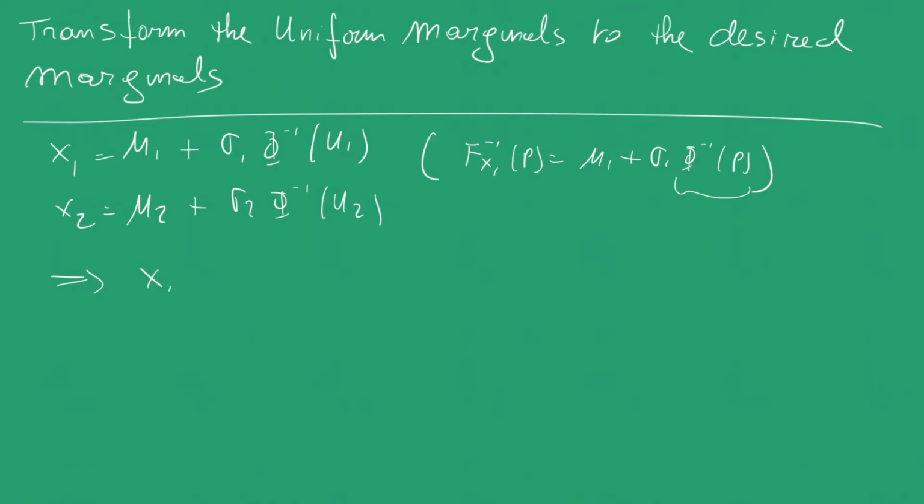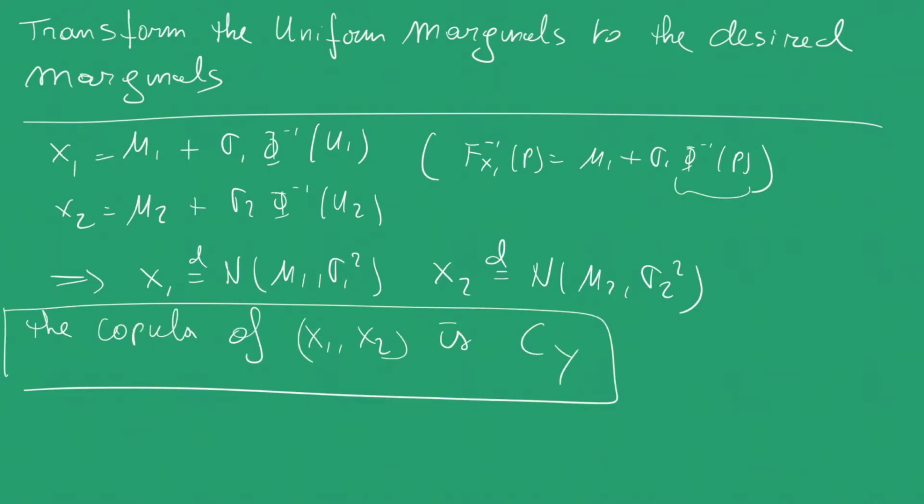And then x1 has a normal distribution with the correct mean and the correct variance, and the same holds for x2. So we transformed our uniforms to the marginals that we liked, and the copula of u1, u2 was cy, and the copula of x1, x2 is still the copula cy.